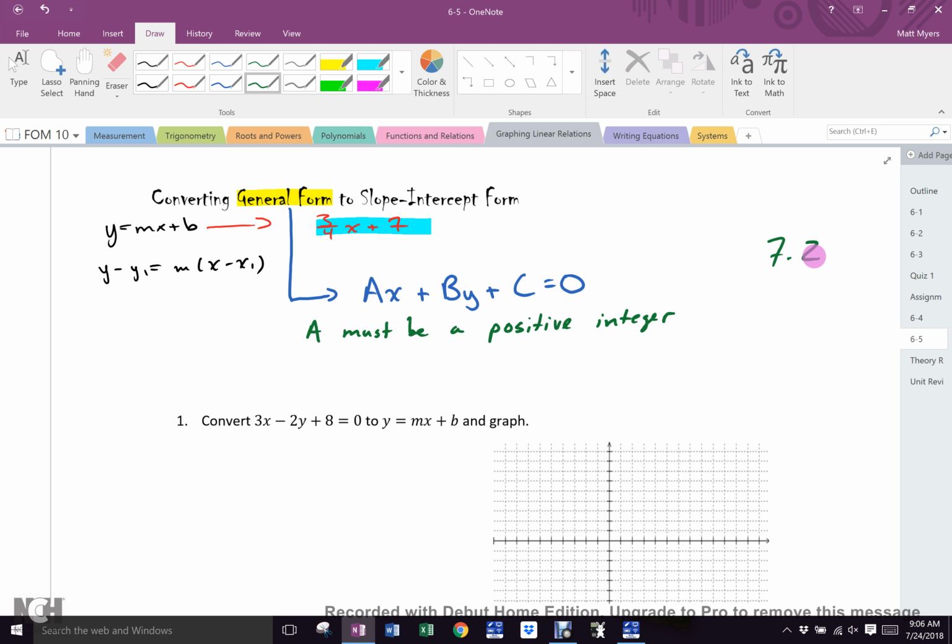Is 8 an integer? Yes. What's the difference? Decimal. It has to be a positive integer. No fractions, no decimals. Okay? B must be an integer. B can be negative. C must be an integer.